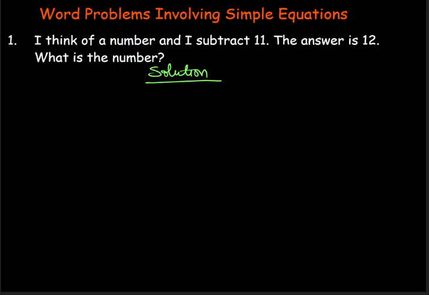So now what are we to do? I think of a number. This is where we are going to start, and I subtract 11. Now, what is this number? That number is what we are looking for. See the question here. What is the number? Now, let me also say this. In a word problem, you must always take note.